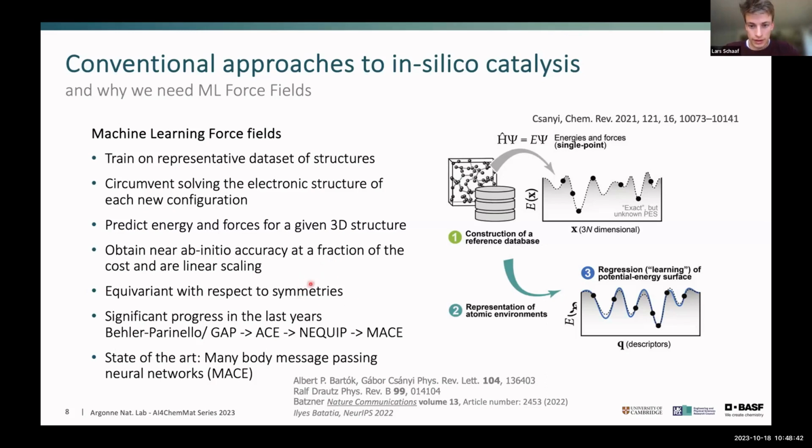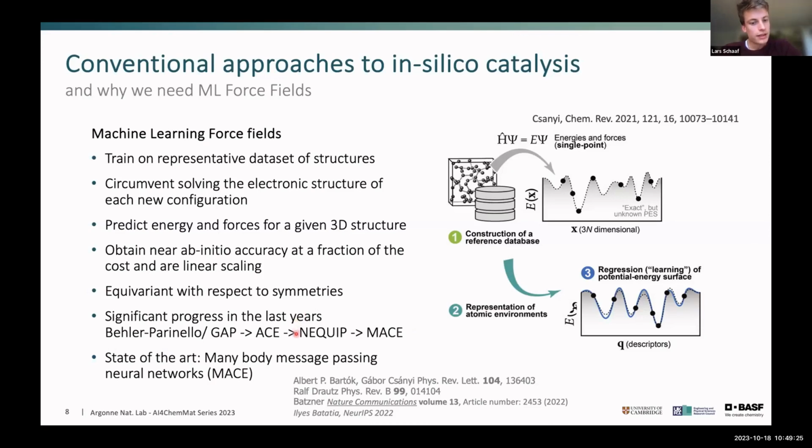One of the key things is that these representations that I talked about earlier need to respect the symmetries that are inherent in our physical world. So rotations, translations, and there's been a lot of progress in developing methods all the way back from the Gaussian approximation potentials and Behler-Parrinello potentials that used SOAP descriptors to more advanced descriptors such as ACE, all the way to now a more machine learning era where we introduce message passing, or where message passing has really established itself as a state of the art.